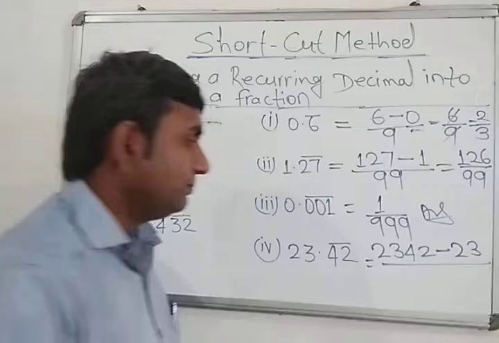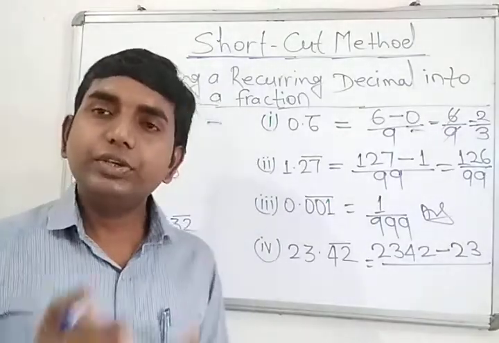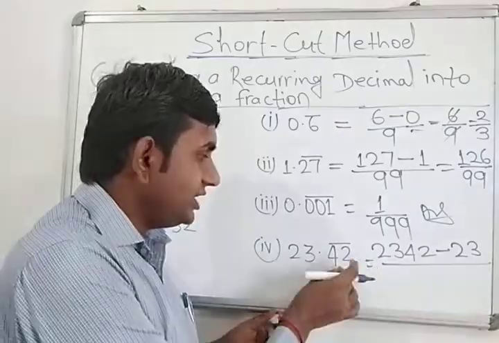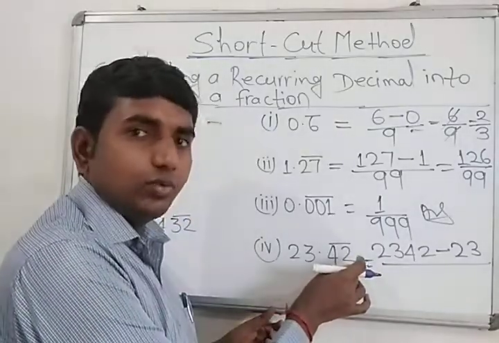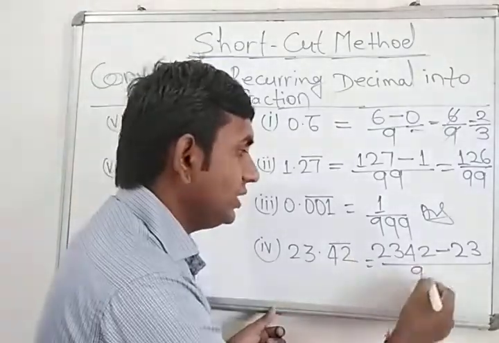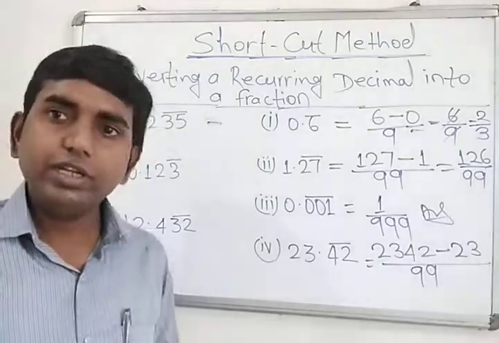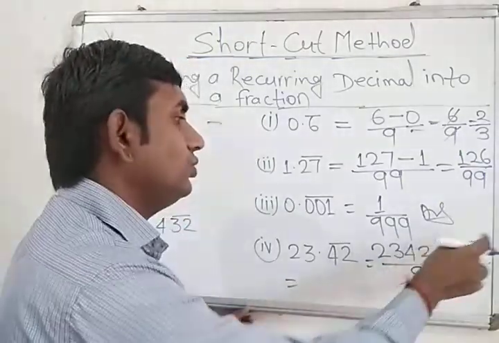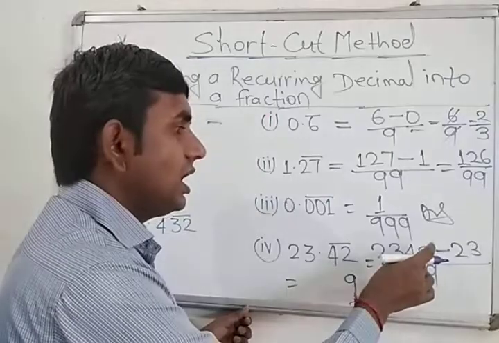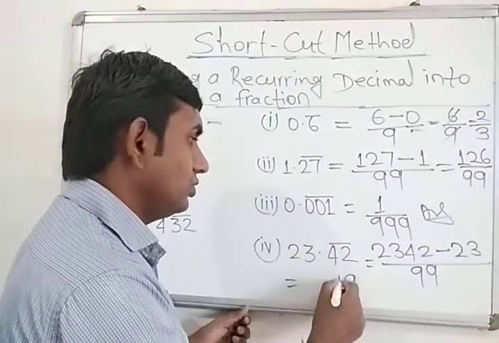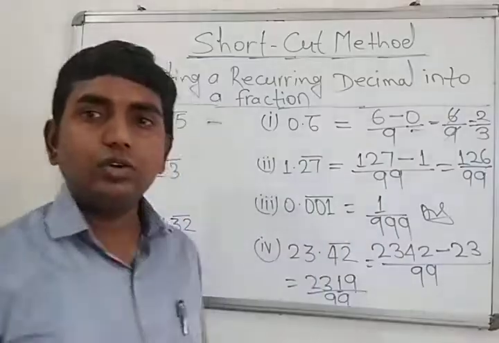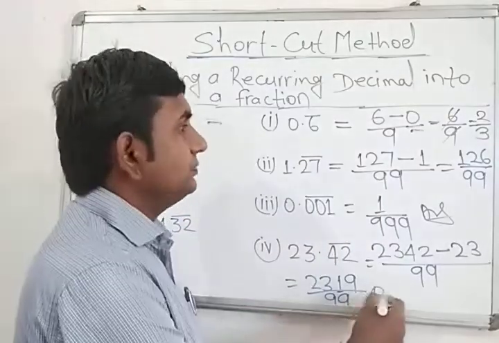Then the number of 9s equals the number of recurring digits. How many digits are recurring here? Two digits, 4 and 2, so we write 99. After subtracting, we get 2319, so it is 2319 by 99, and that is our answer.